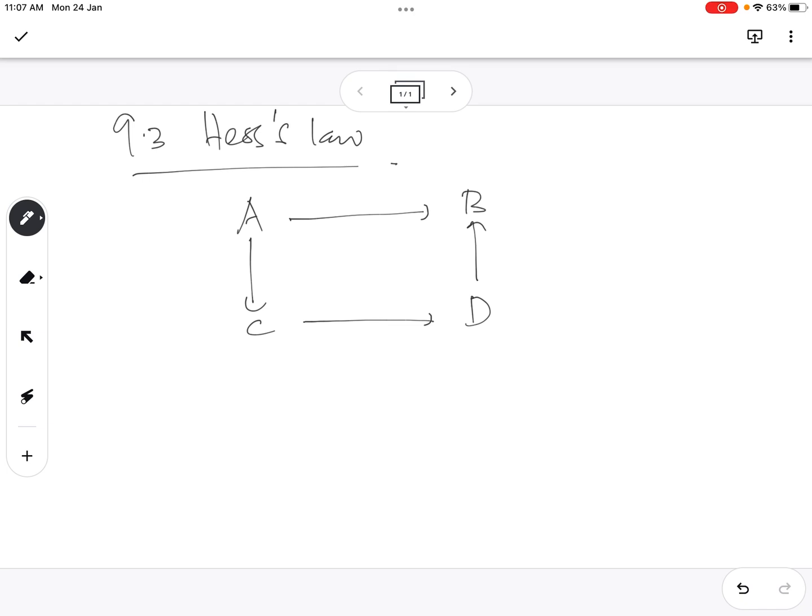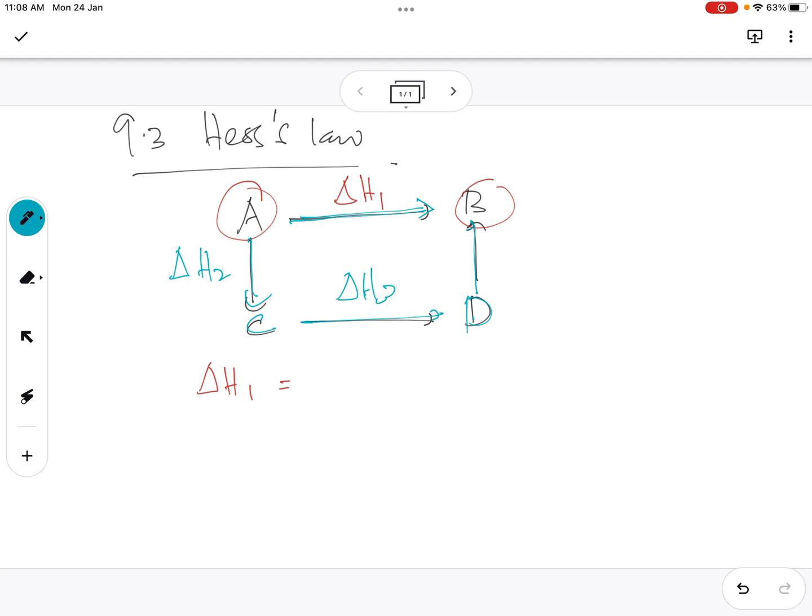Okay, so Hess's law states if you want to go from A to B, let's say the enthalpy is delta H1. So according to Hess's law, enthalpy H1 equals, you can go from A to B in a single step, or you can go to C, which is enthalpy 2, and from C to D, which is enthalpy 3, and from D to B, which is enthalpy 4.